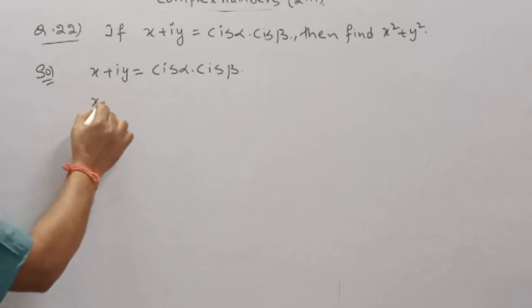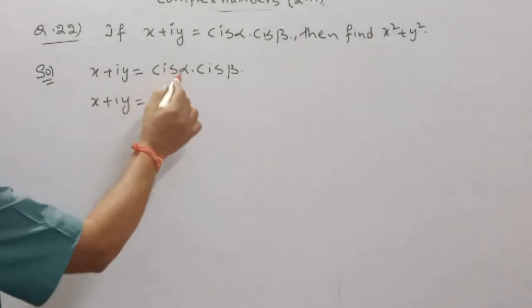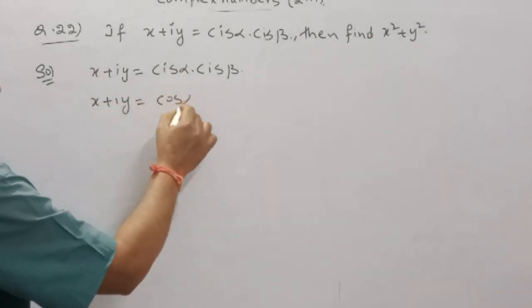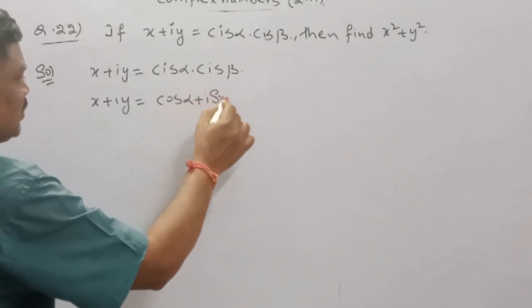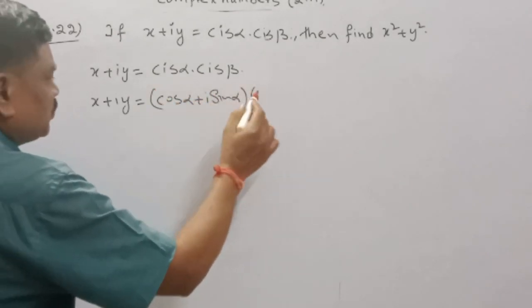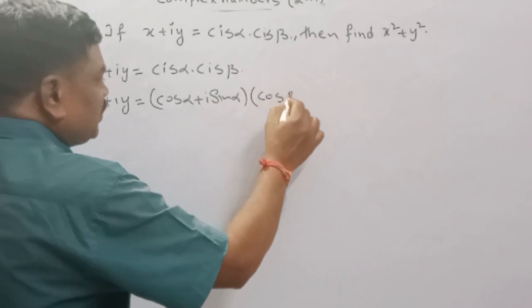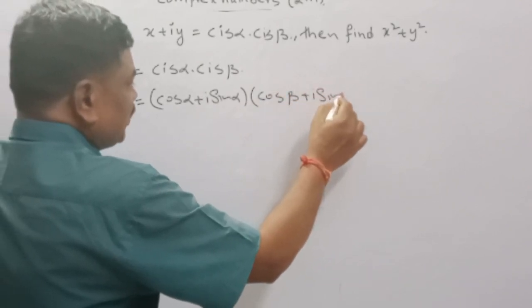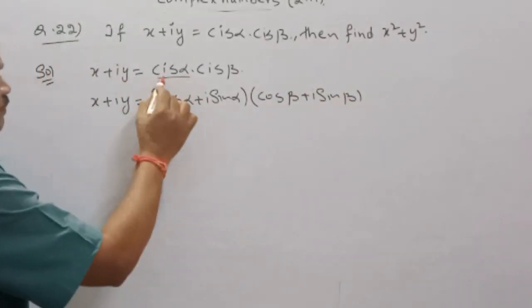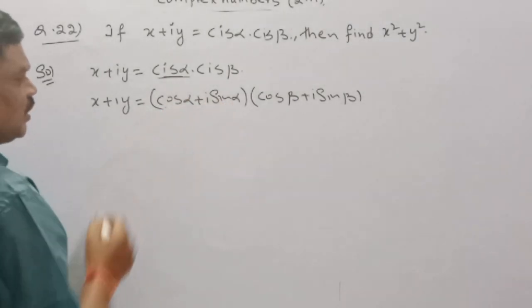Cis α is cos α + i sin α, into cos β + i sin β. What is cis α? cos α + i sin α.